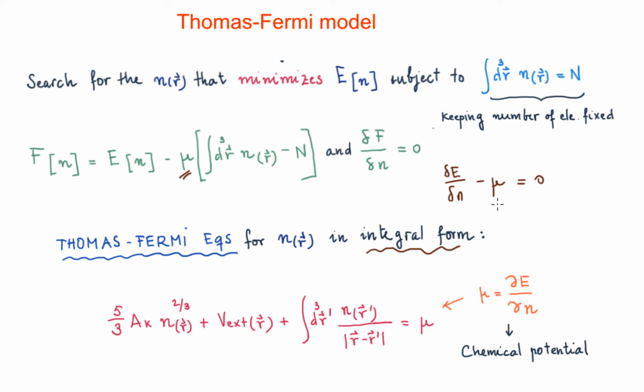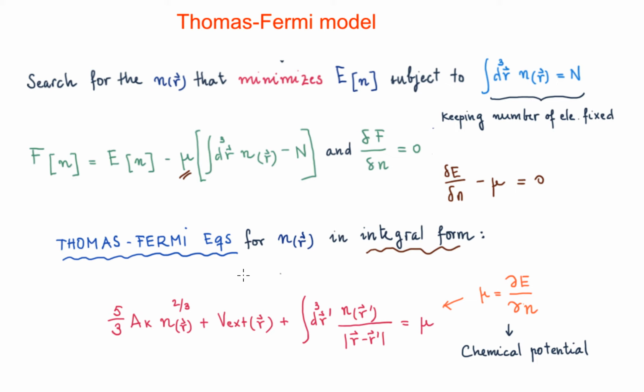So mu has the meaning of the chemical potential. And mu is just a number, it has a value. The value, of course, is going to depend on the system we have. Basically, it's going to depend on the external potential we have. So for each system, we can specify the chemical potential of the system.